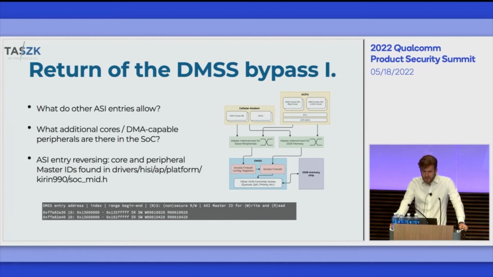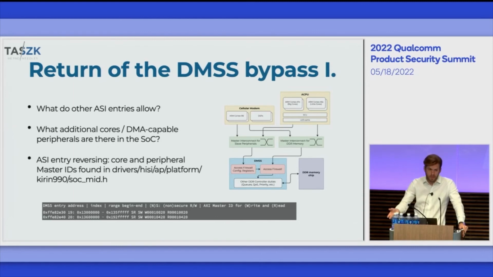Something that aided us tremendously here, short of which we didn't have data sheets and things like that for the SoC, was that we were able to find, again, solace in the Linux kernel source, which nicely enumerates what Huawei calls master IDs that helped us make a lot more sense of the ASI entries.